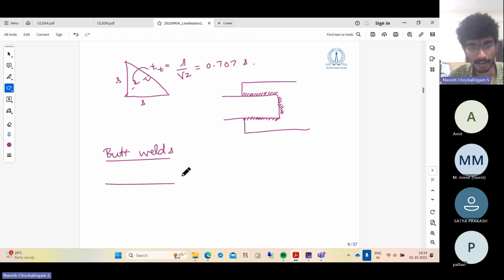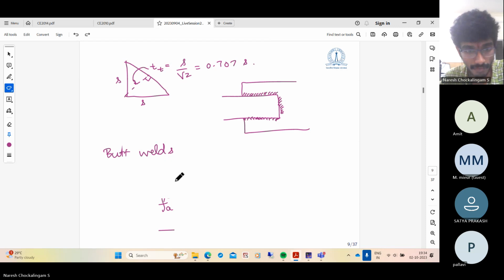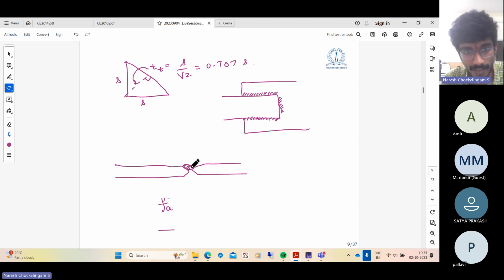So as I say, they are preferred when we want to connect 2 plates whose edges are facing each other. In order to ensure that the faces are fully bonded, we typically provide a chamfer, and the region in between is filled with a weld material.